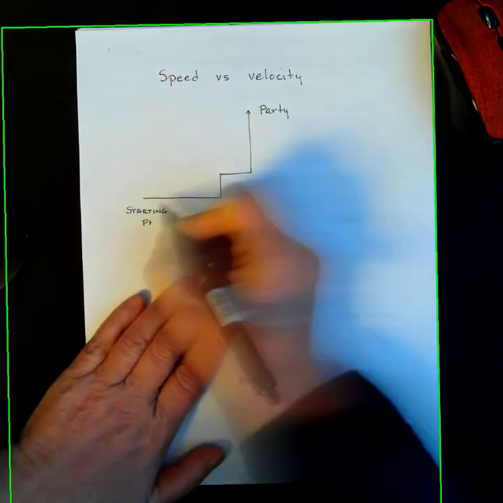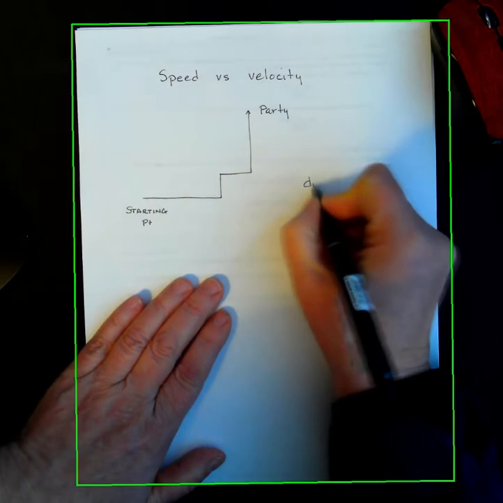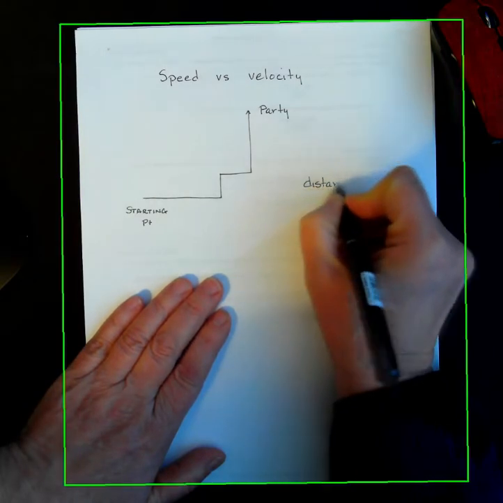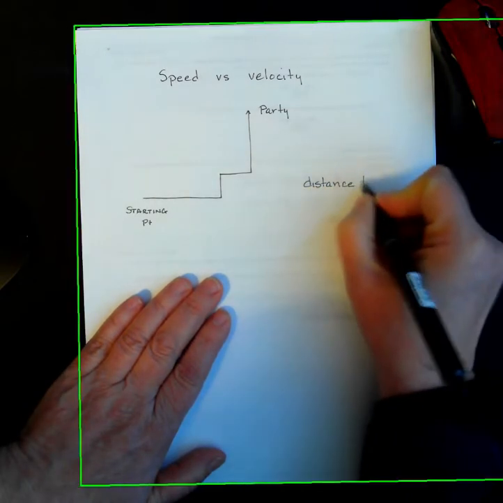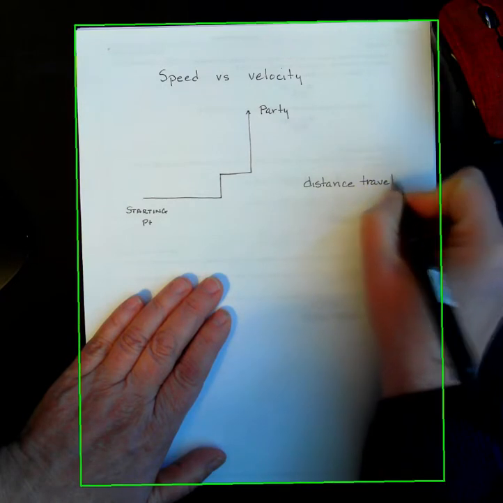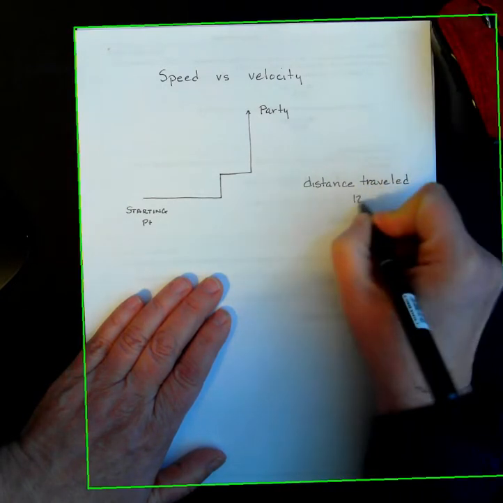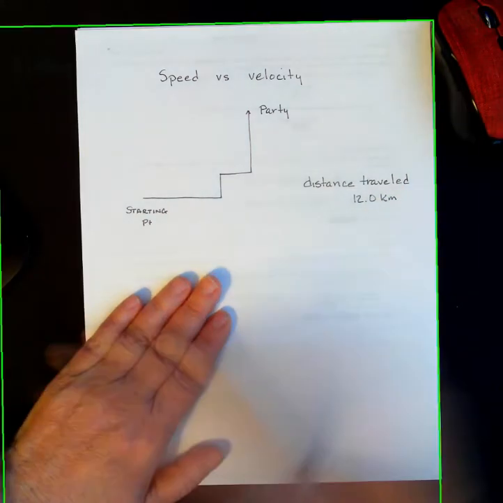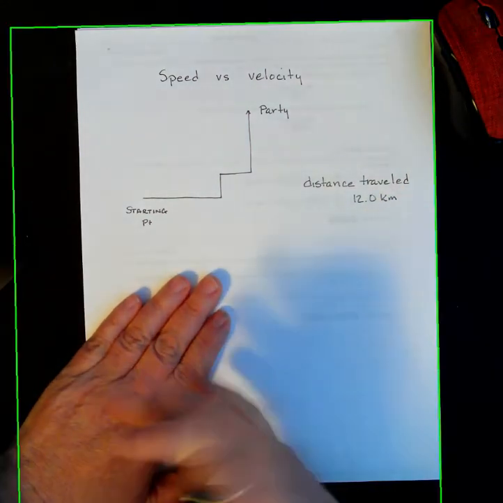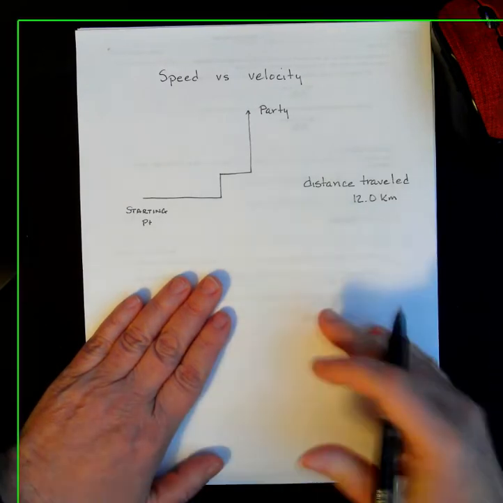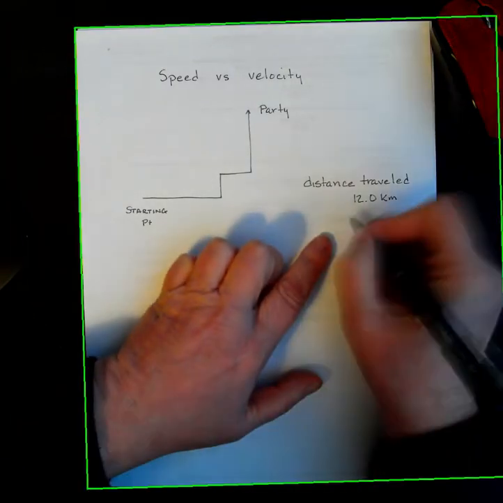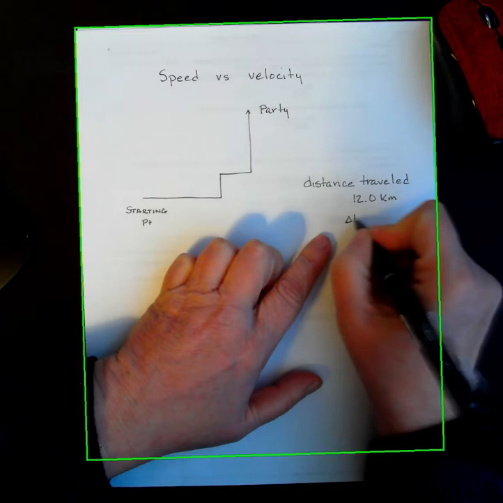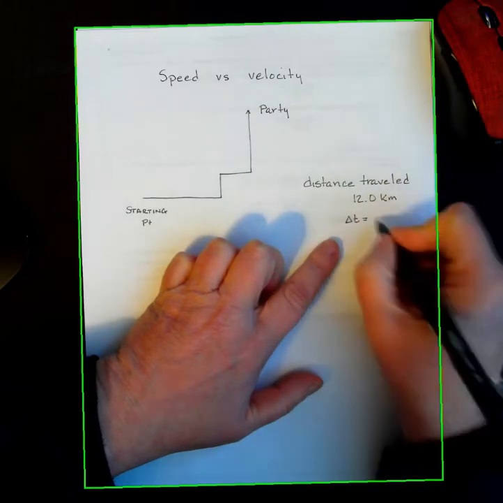And we talked about that the distance traveled was 12 kilometers. And we were given the time frame that this occurred. But for this discussion, we're not really worried about that time frame, other than that we had a change in time equal to some value.